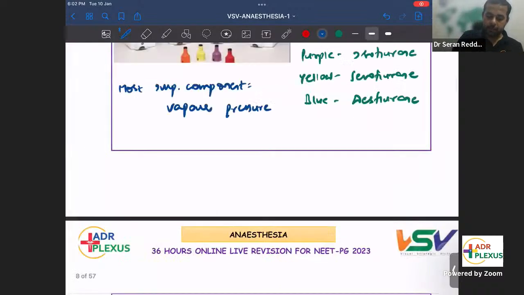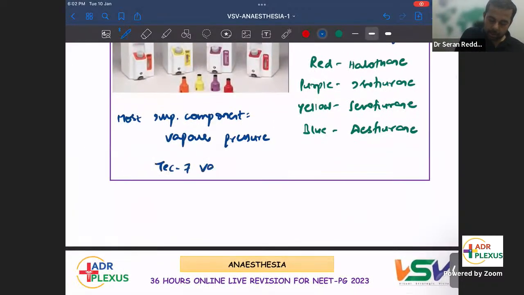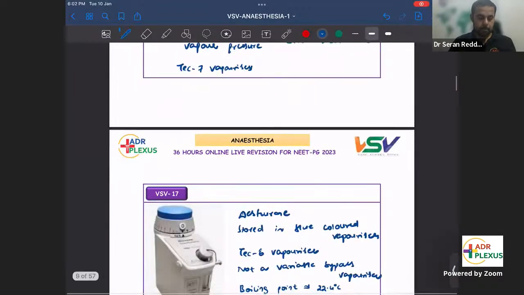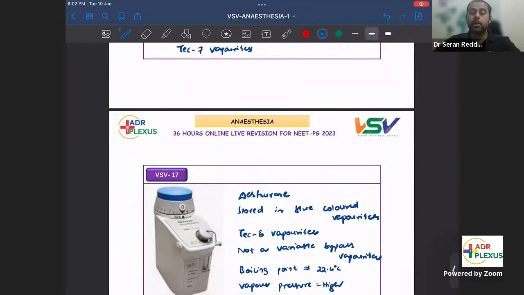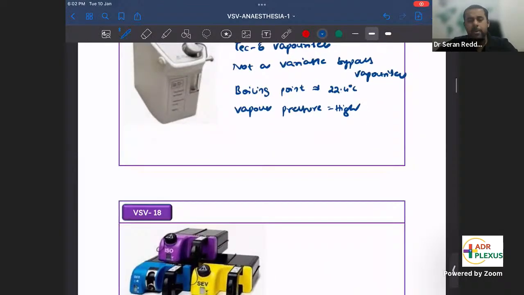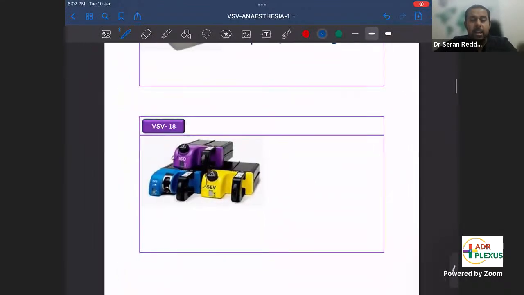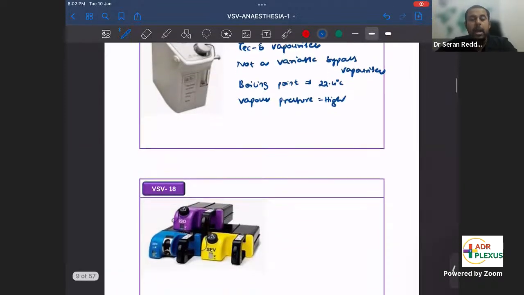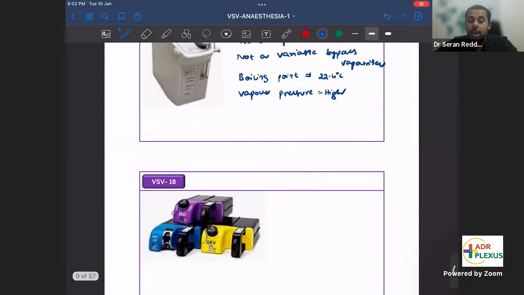The rest are all Tec 7 vaporizers, but this is a Tec 6 vaporizer. We are expecting a potential image-based question this year. What are these? Again, the color coding remains the same: purple isoflurane, blue desflurane, and yellow sevoflurane. But remember one important thing: these are called Aladdin cassettes.